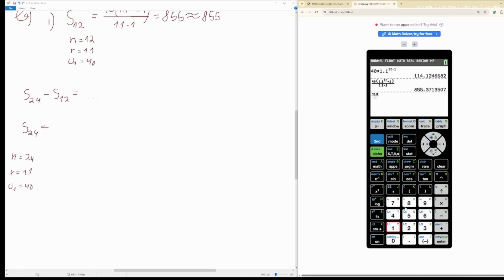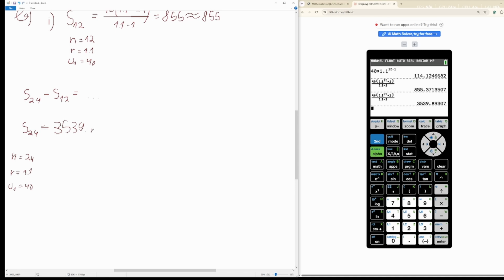So it's 40 times 1.1 to the power of 24 minus 1, and to the bottom we just put 1.1 minus 1. Then we can see that they've sold within the 2 years about 3,039 cars.